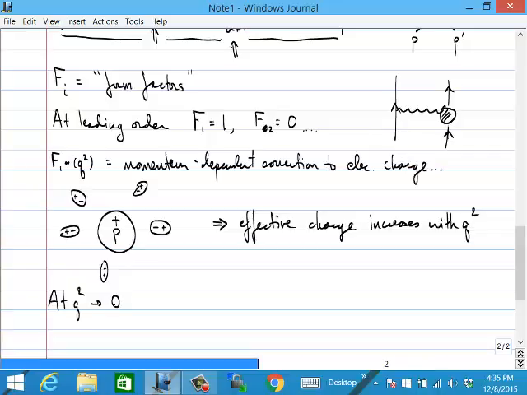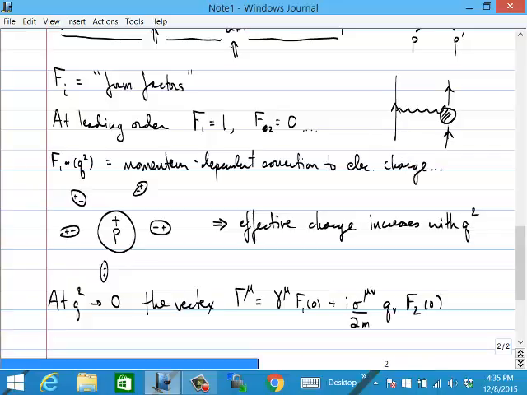So we're studying the electron interacting, say, with the proton at very, very long distances. So then what we have is we have this interaction vertex. So what is that? That's gamma mu F1 of 0 plus i sigma mu nu over 2m q nu F2 of 0.